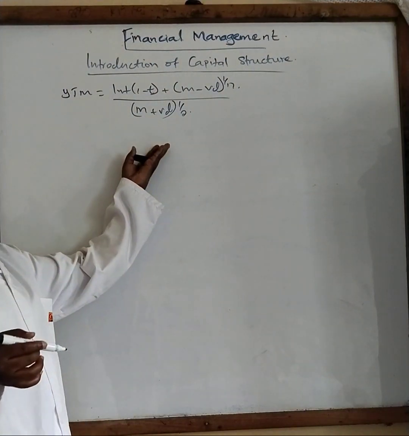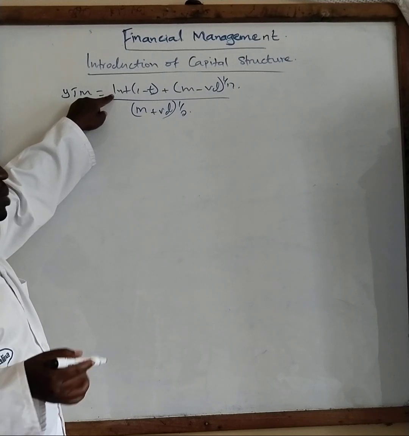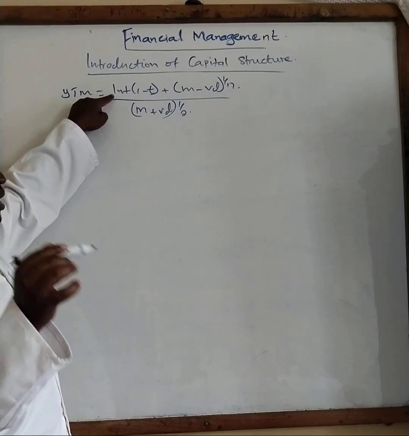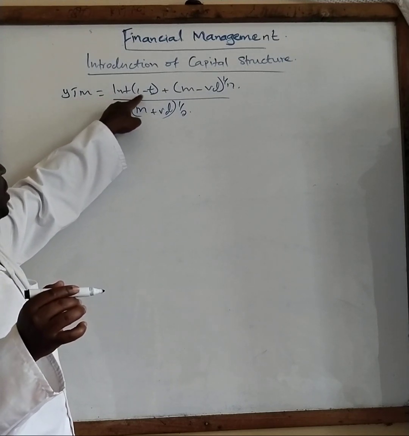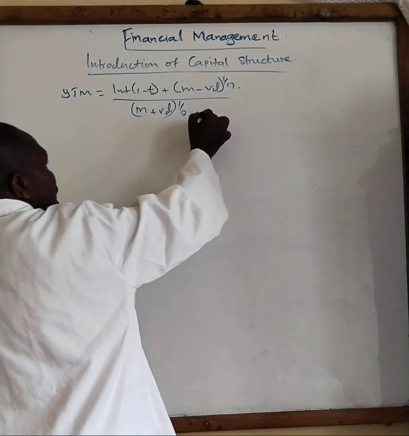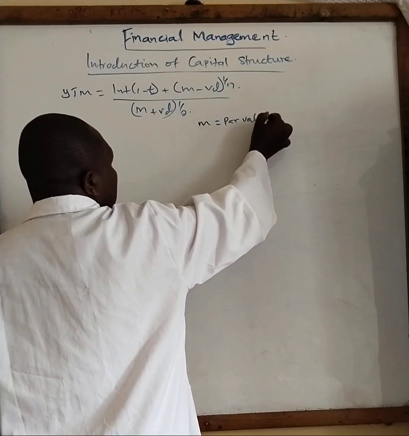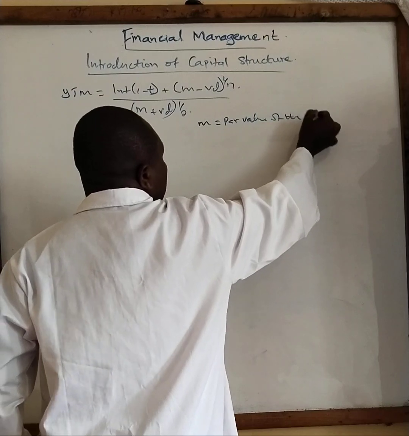Now, this formula is very simple. This is interest, which means you will be given a loan with its interest. Then when you say 1 minus t, it means that you are subtracting tax. Then here, m stands for par value of the debt.